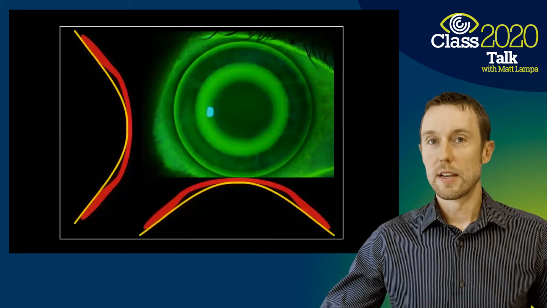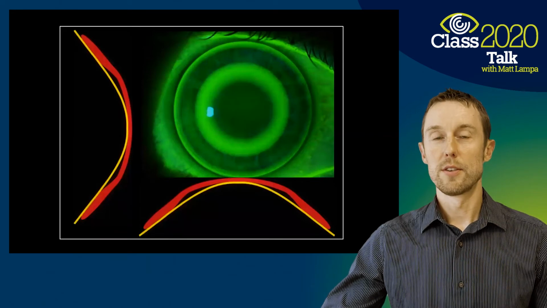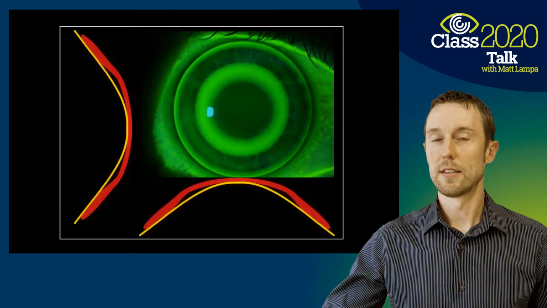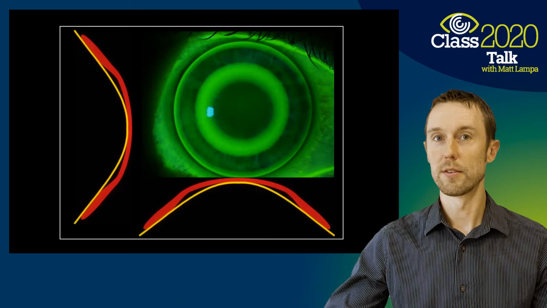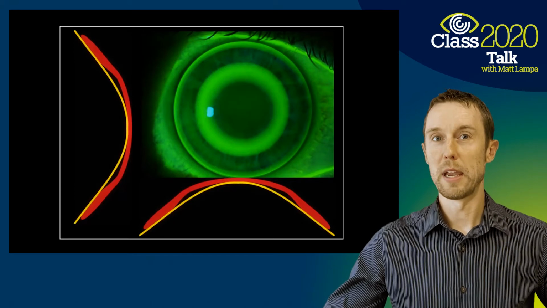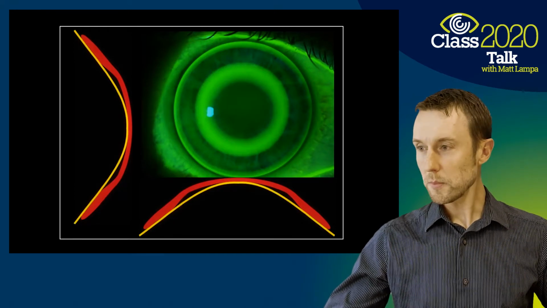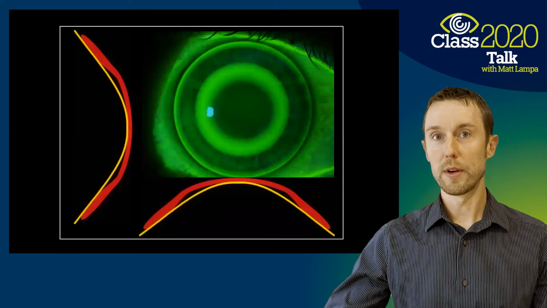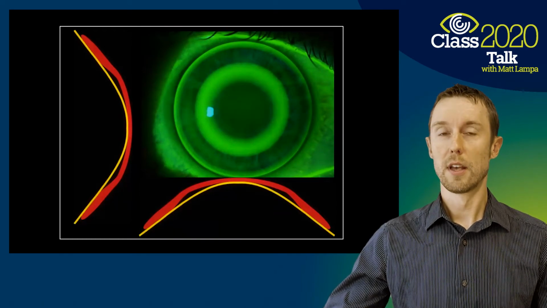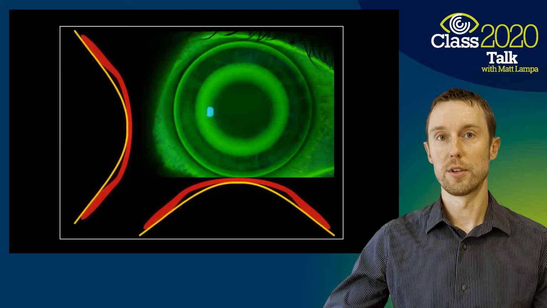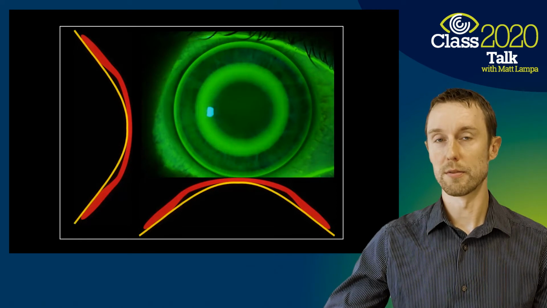So, the idea here in orthokeratology is to land the contact lens evenly, 360 degrees around the patient's cornea. In so doing, what we're going to be accomplishing is allowing that suction force to be equal 360 degrees around.